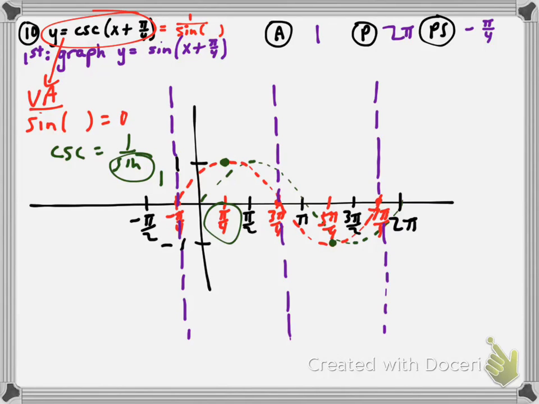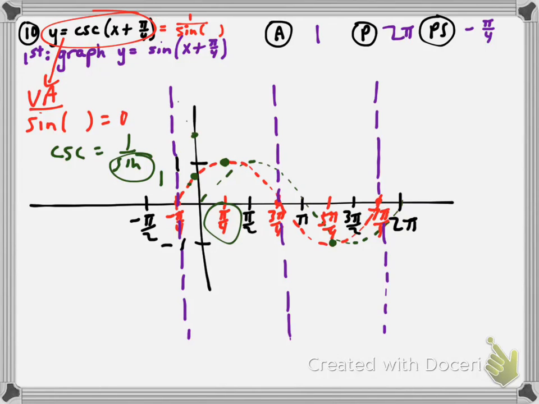And then we use a little bit of reasoning here. Since the cosecant is 1 over sine, let's say the sine is 1/2. Well, if the sine is 1/2, cosecant is 2. If the sine is 1/3, cosecant is 3. Sine is 1/4, cosecant is 4, and so forth.